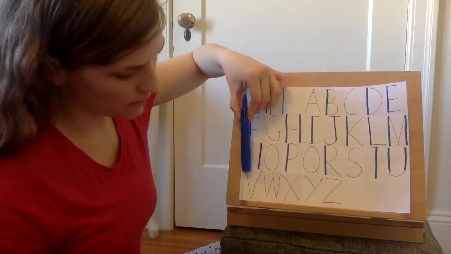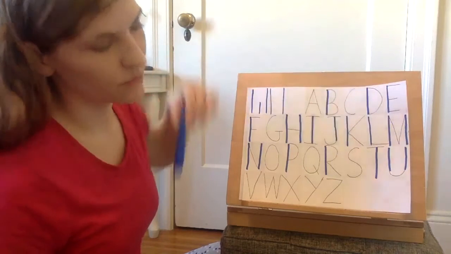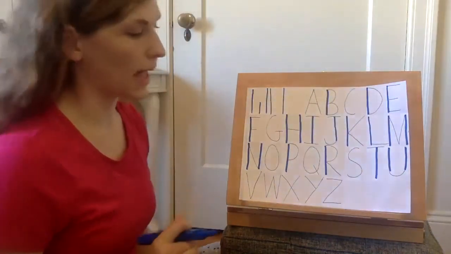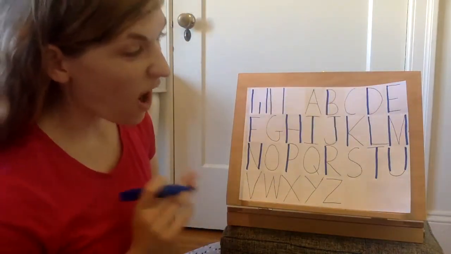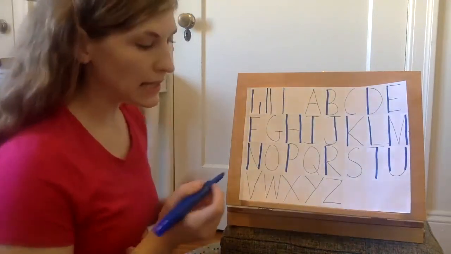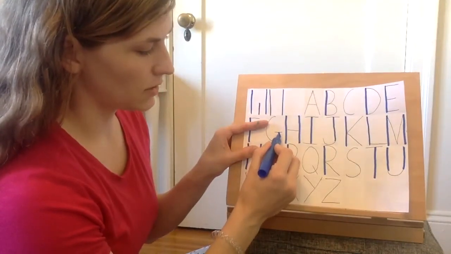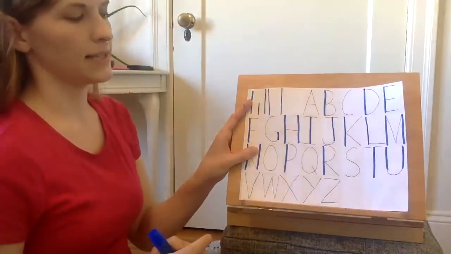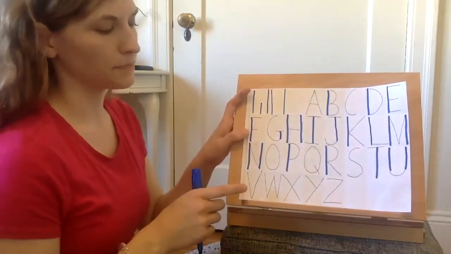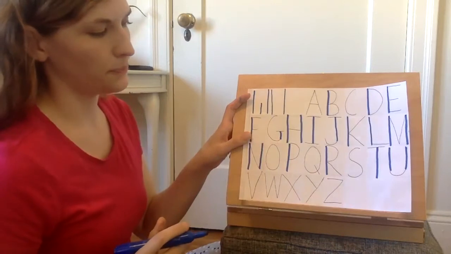Nope, none in V, none in W, X, Y, or Z. No more vertical lines. I thought we had them all, but there is one more tricky little vertical line in G. Right there is another little vertical line that connects with that big C curve shape.